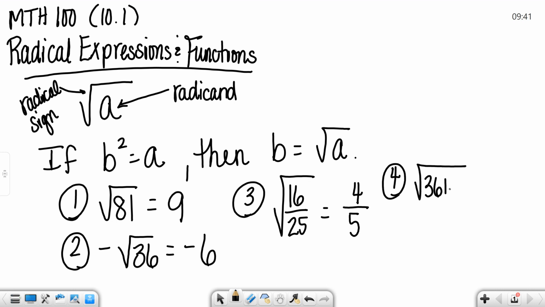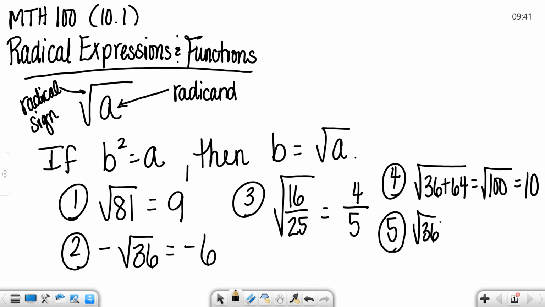Now, if I have a problem that looks like this, the first thing I'm going to do is what's up under the radical sign. So I'm going to take care of that 36 plus 64, which is 100. And then I take the square root of 100, which is 10. Now, I'm going to do a similar problem, but it is actually quite a bit different.